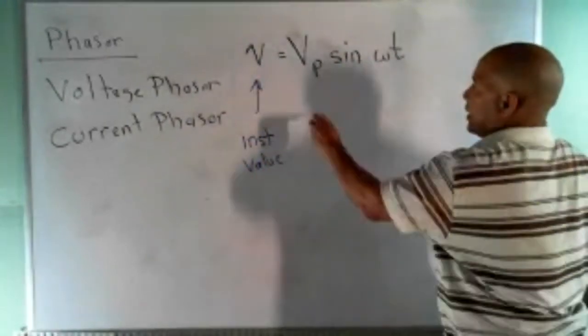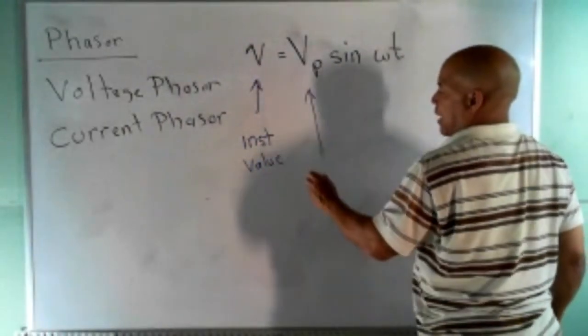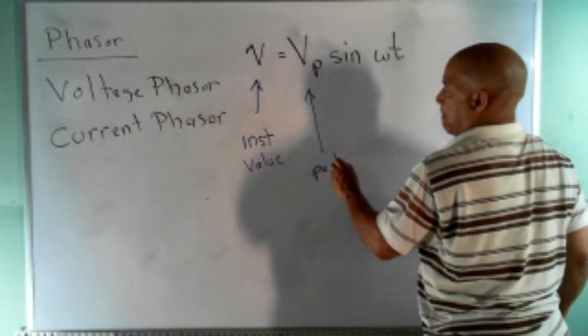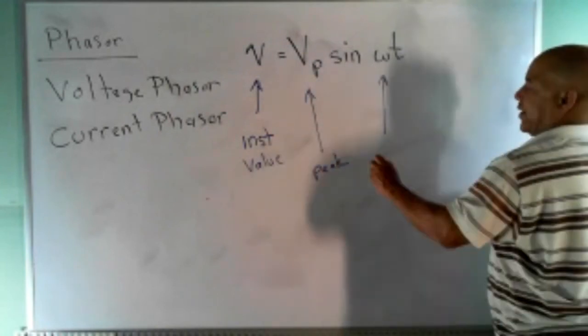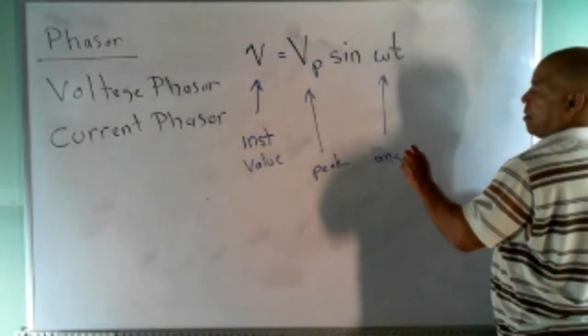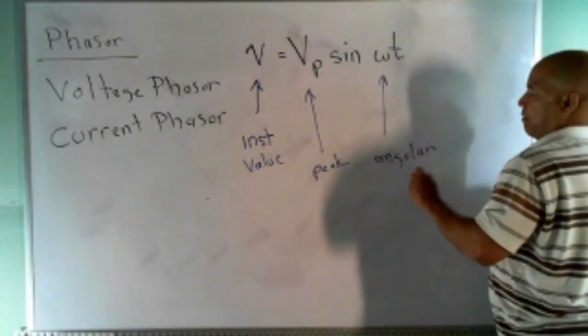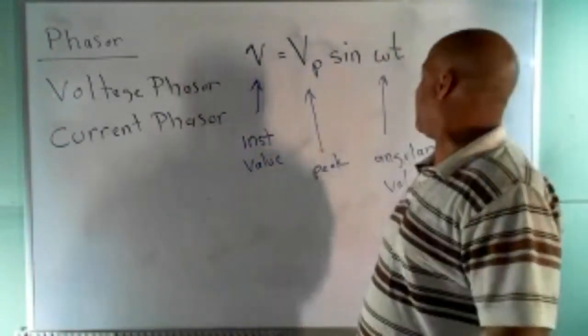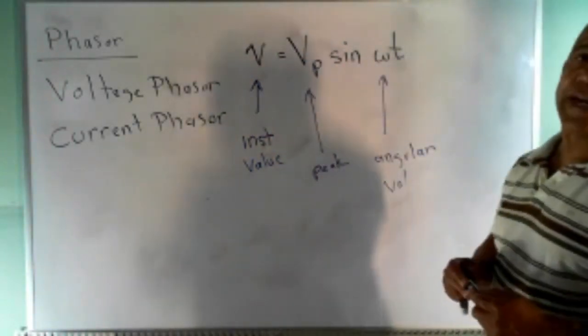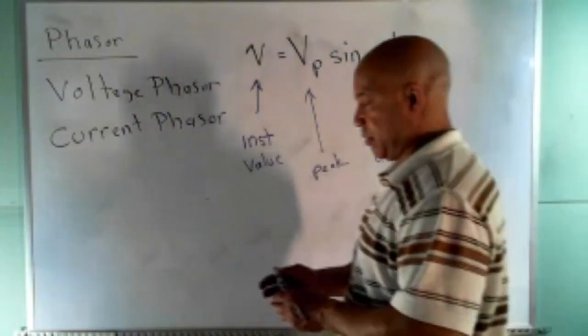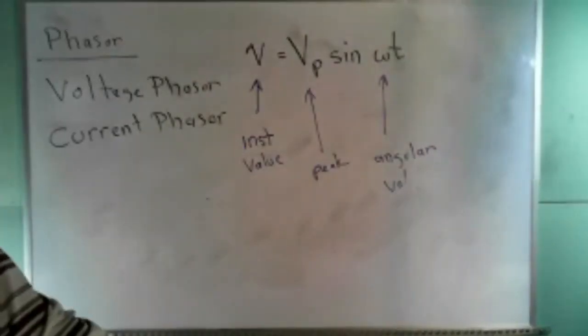This is the peak value or amplitude. And that right there is the angular velocity. That's how fast the coil is turning in the magnetic field. There's one more piece I can add to it though. I'm going to go ahead and do that.